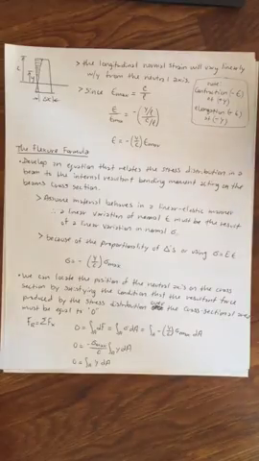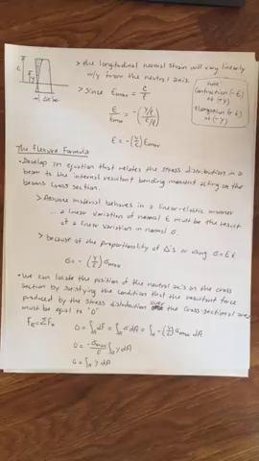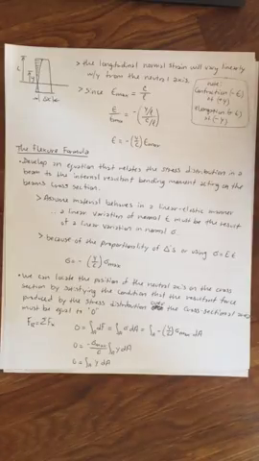A linear variation of normal strain must be the result of a linear variation in normal stress, because of the proportionality of triangles, or we can use Hooke's law, sigma equals strain times Young's modulus. We know that the stress here is equal to negative y over c times the maximum stress.